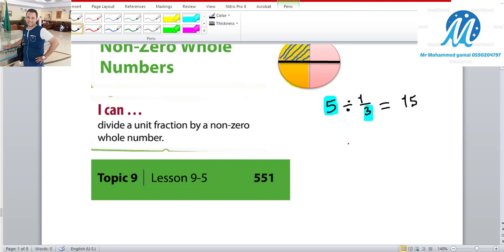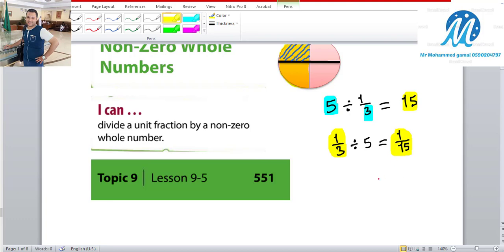But if I started the mathematical sentence with 1/3, which is the unit fraction, divided by 5, it's the same 15, but it's 1 over 15. The difference is that we started from a whole number, so the answer is a whole number. We started here with a unit fraction, so the answer is a unit fraction.